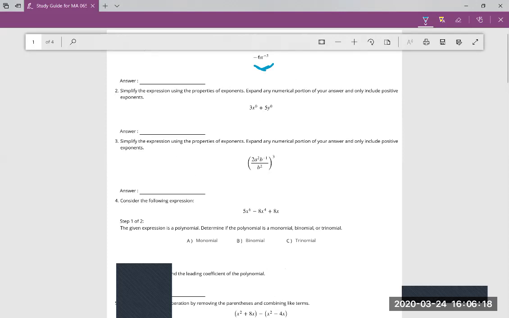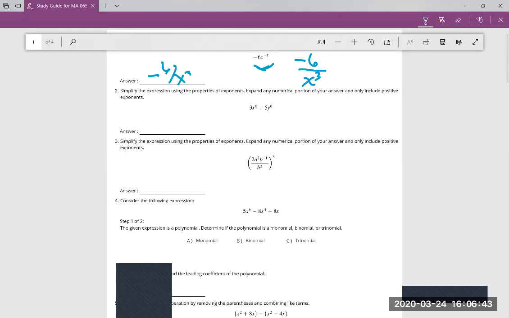So we need to, first of all, take care of that negative exponent. To do that, we're going to move it from the top to the bottom. Now, negative 6 can stay on the top in the numerator because it has a positive exponent. Once we move x cubed down to the bottom, that exponent becomes positive, and that is the answer to the problem.